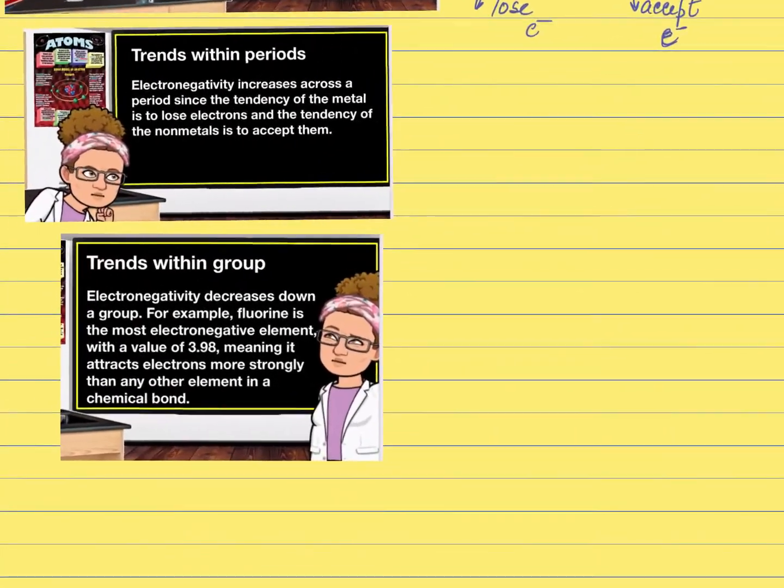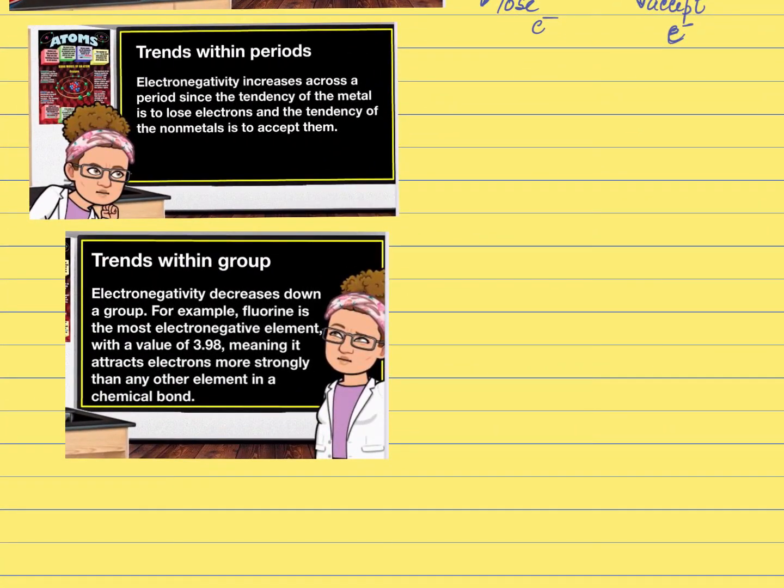Now, what's going to happen in a group? The electronegativity in a group is going to decrease. It's going to decrease because even though the metals are not accepting electrons, a lithium atom has more ability to steal 1 electron than a cesium or francium atom. And it's because of the distance, the distance in the ionic radius and in the atomic radius. So this is super simple.